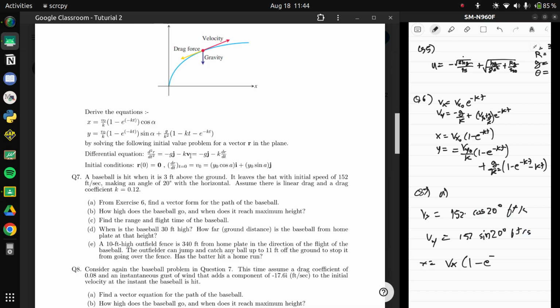So x will just be vx upon k, which I'm assuming is 0.12 per second. That's the best we can do.